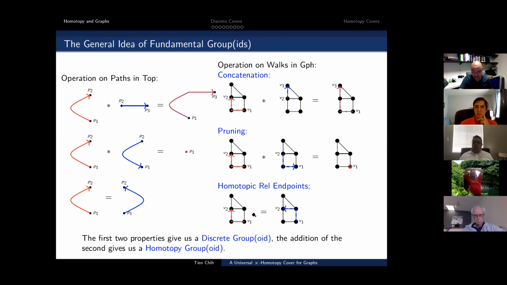And then we have two walks here that are homotopic, because I can spider this vertex to this vertex, and those should be equivalent. It should be homotopic relative to endpoints. If we just consider walks under the first two rules without the homotopic equivalence, that gives us something we call the discrete group or the discrete groupoid, depending on whether or not you want to start or end at the same base point. And then the addition of equivalence relations on the second condition gives us a homotopic groupoid.